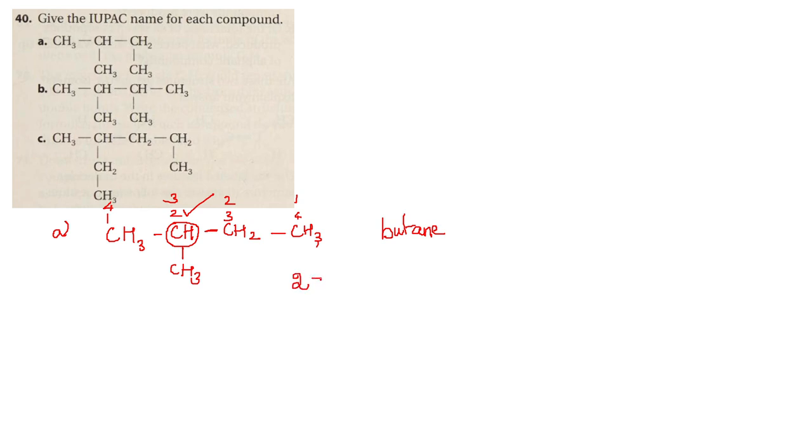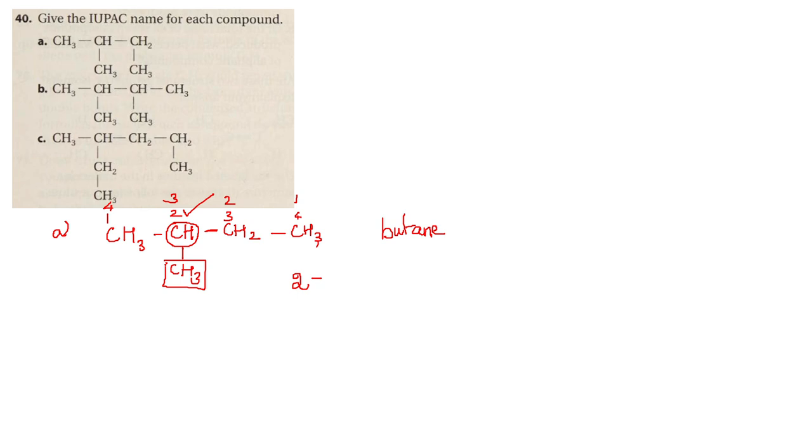What is the name of the substituent? CH3. What is the name given to the substituent CH3, which has 1 carbon atom? We just saw it in the previous problem.